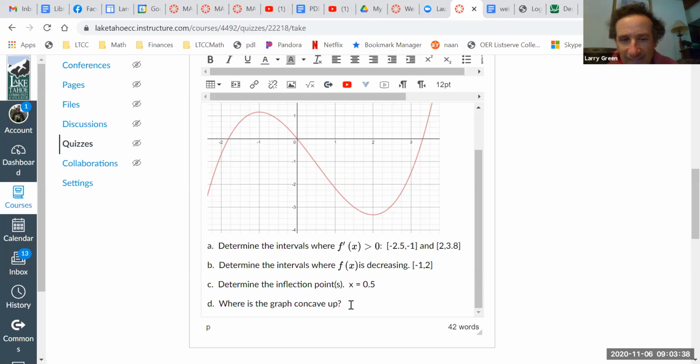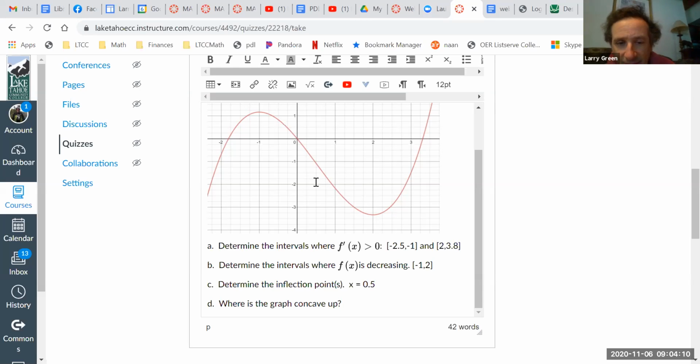Okay. And where is it concave up? Okay, x equals 2. X equals 2 is a point at which it's concave up. But not just 2, 2.1 is also concave up, because if the rain happened, it would all fill up.